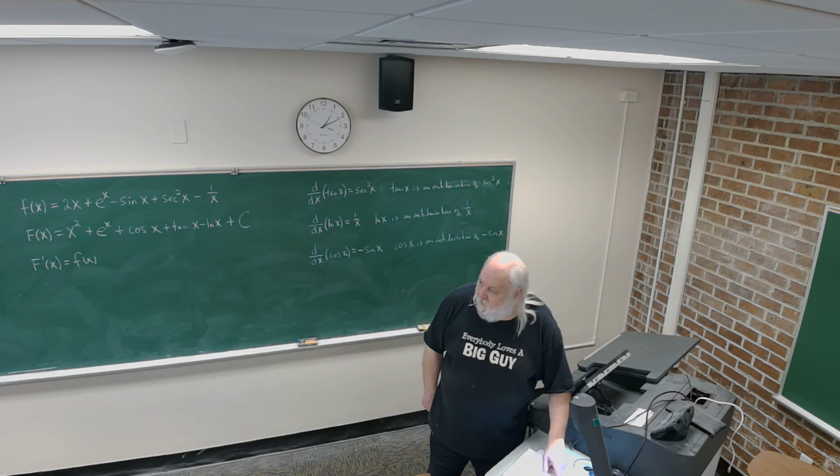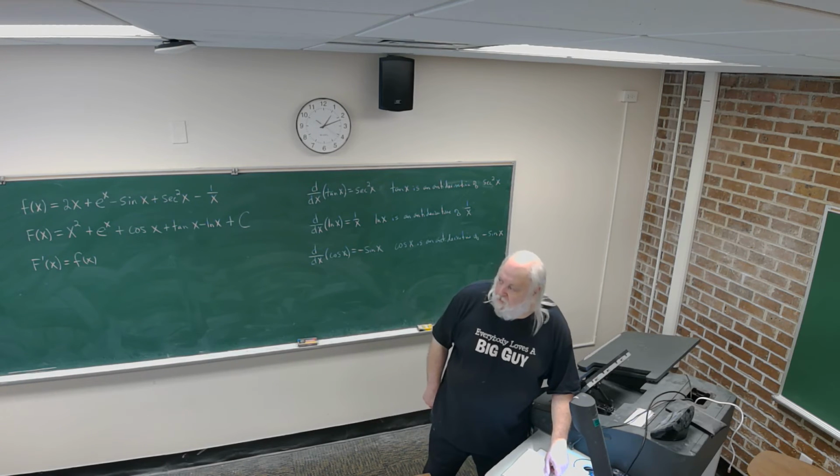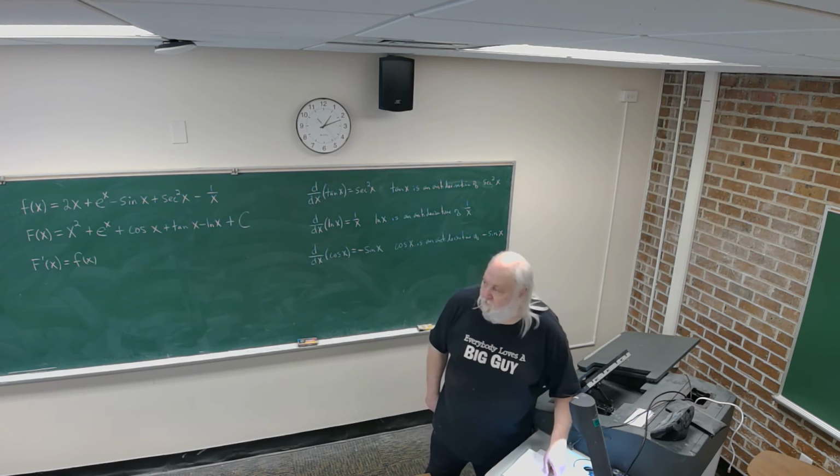So this symbolism tells us that we're going to perform the act of anti-differentiation on the function little f of x, and the dx means we're going to find the antiderivative of little f of x with respect to the variable x. That might sound unnecessary, but it is necessary when you do multivariate calculus, where little f can be a function of several variables.